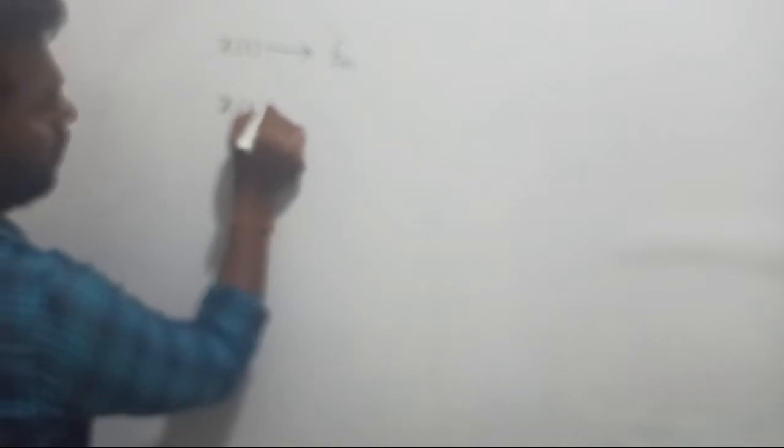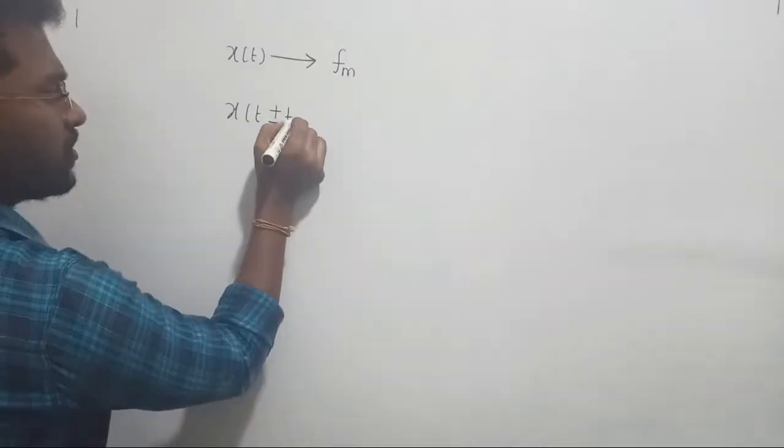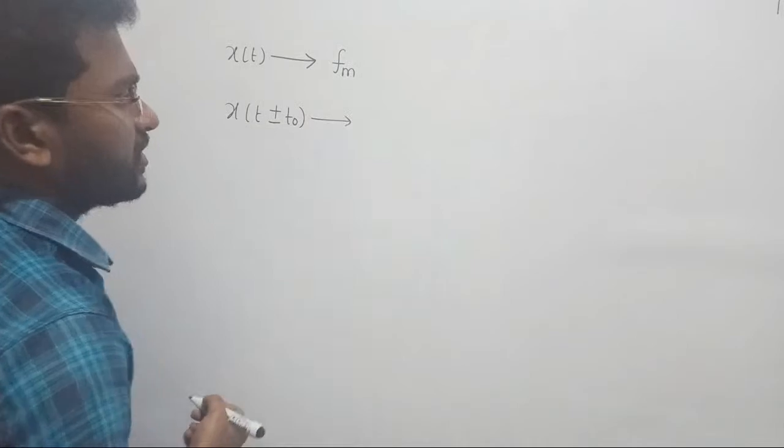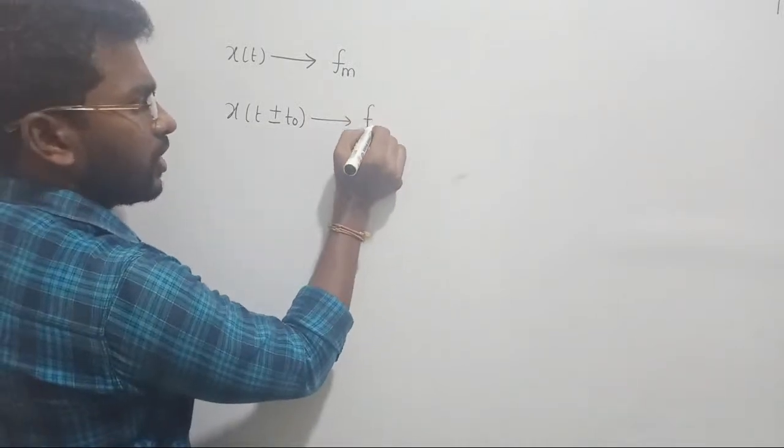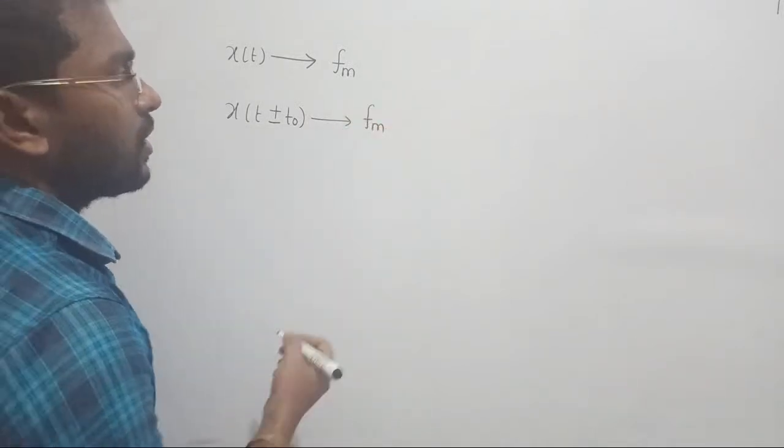Now I have one more signal, that signal shifted by an amount of plus or minus t naught. What will be the correspondent maximum frequency? Once again that is going to be fm only. So what is the conclusion here?